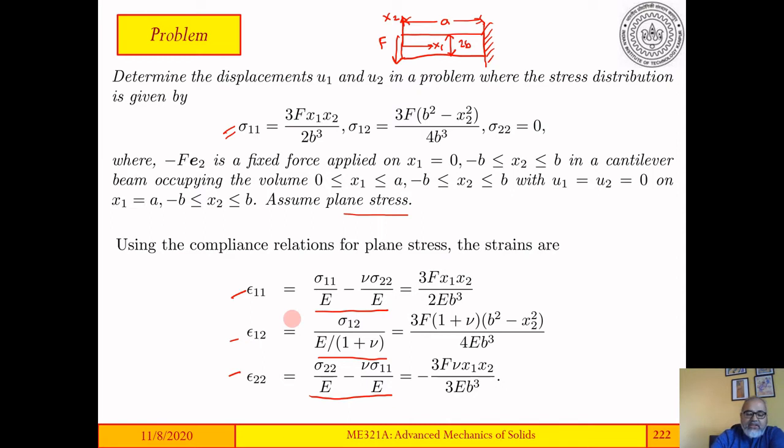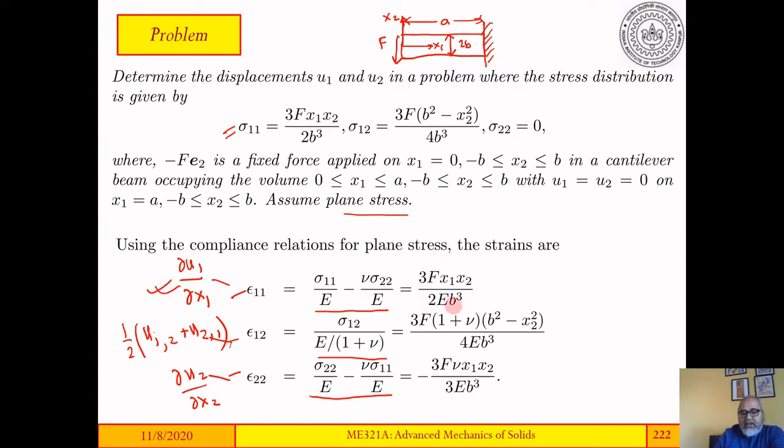Once you get the strains, and we have done this problem before when we did the chapter on strains. So epsilon 1 is del u1 del x1, epsilon 2 is del u2 del x2, and epsilon 12 is half u1 comma 2 plus u2 comma 1. So we are first going to use this.